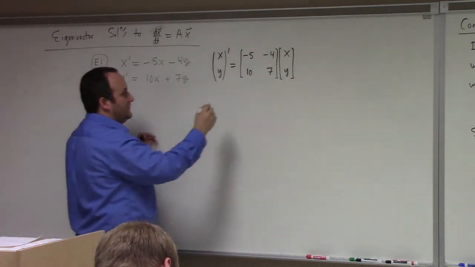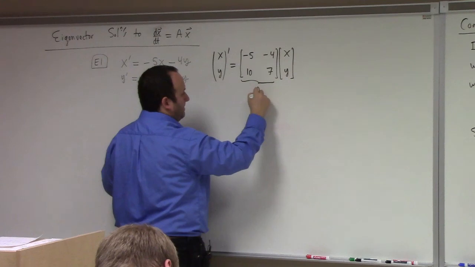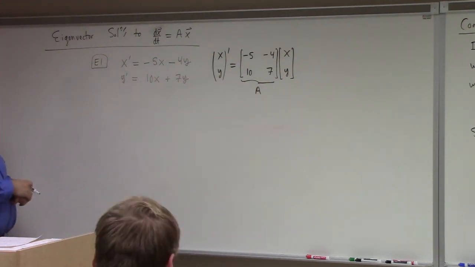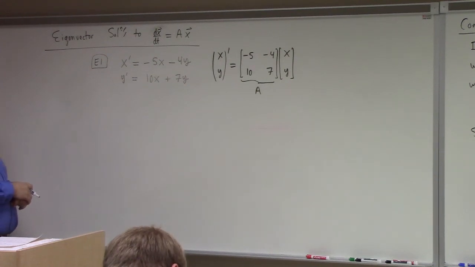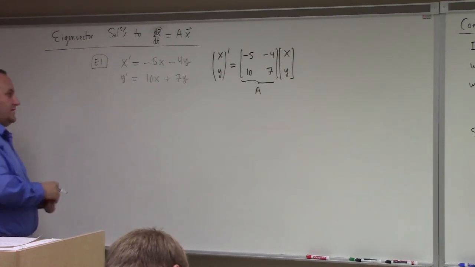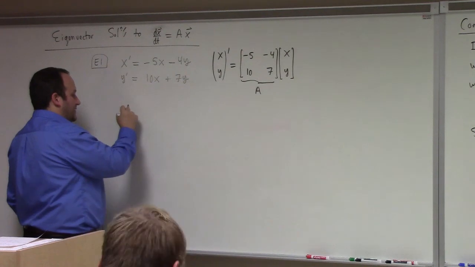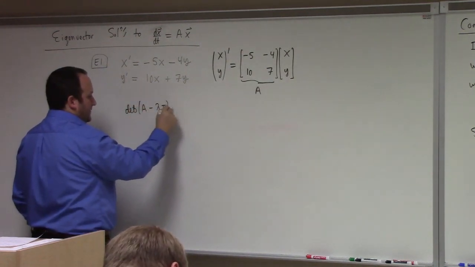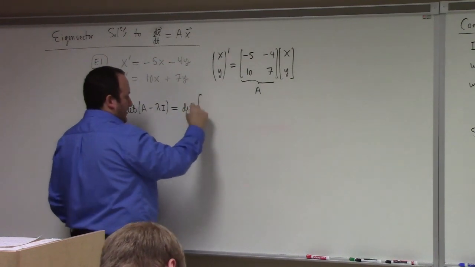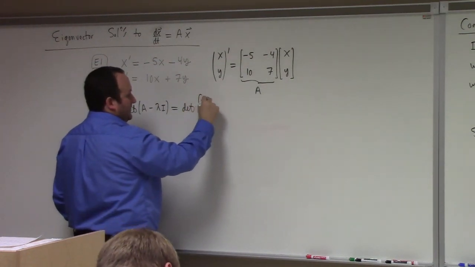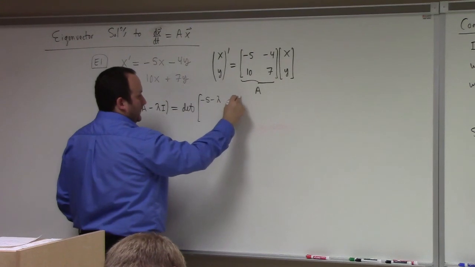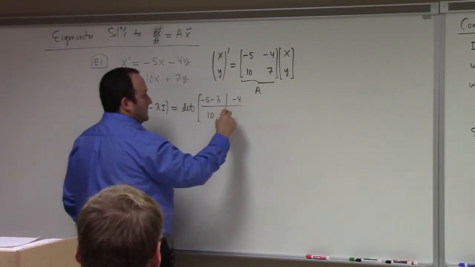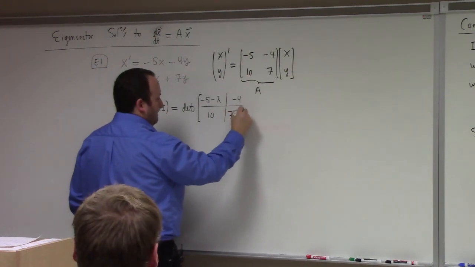So here's my coefficient matrix, here's A. So I need to look at the characteristic equation, right? Determinant of A minus lambda I, which is the determinant of what? It's minus 5 minus lambda, minus 4, 10 and 7 minus lambda.